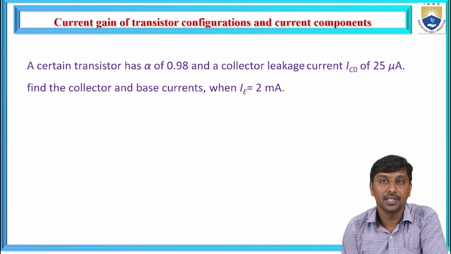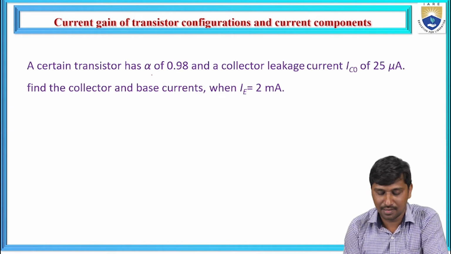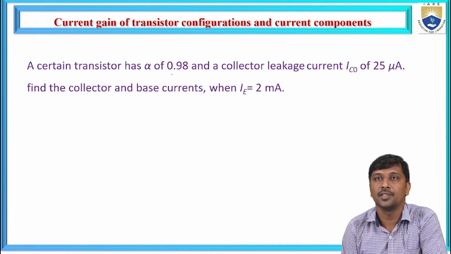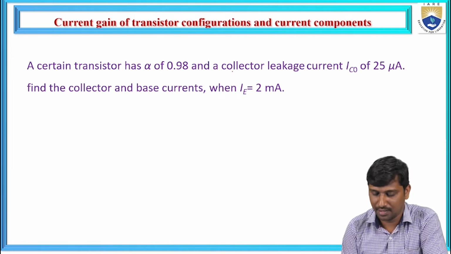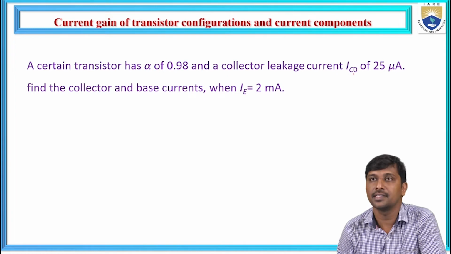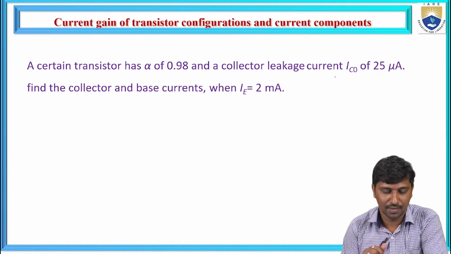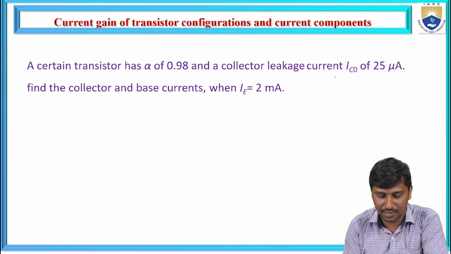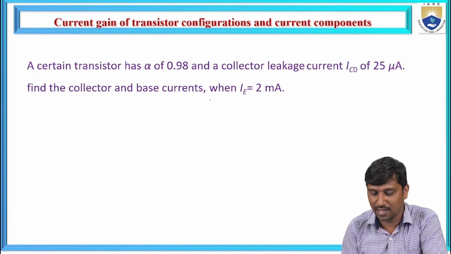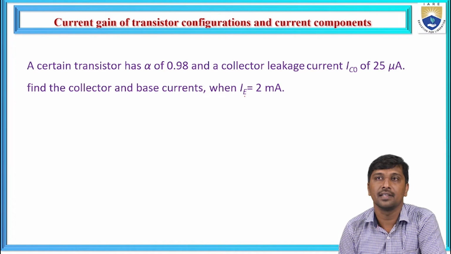Now, the next question is: a certain transistor has alpha of 0.98 and the collector leakage current IC naught of 25 microamperes. Find the collector and the base currents when the emitter current is 2 milliamperes.